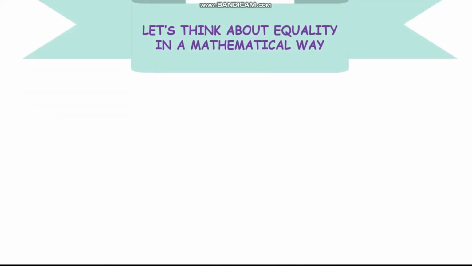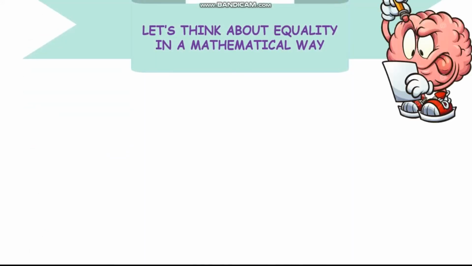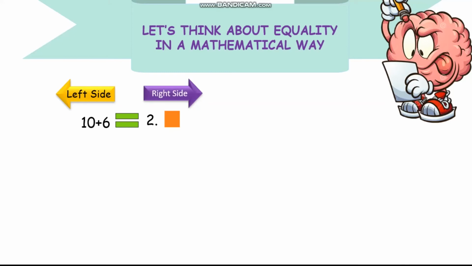Let's think about equality in a mathematical way. Let's say that on the left side we have 10 plus 6, and on the right side we have 2 times box. And we know that the equal sign means both sides are equal to each other. And in order to find the 16, we should multiply the 2 by 8.